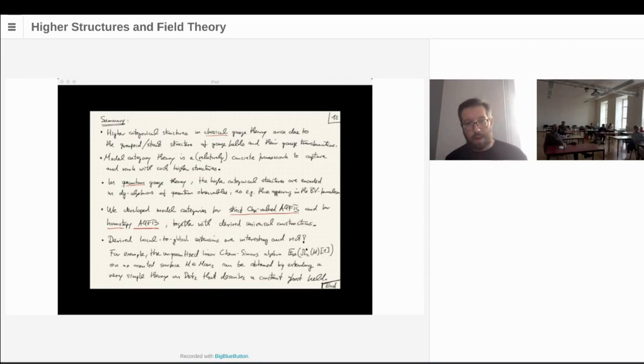If I may, a very quick question, just on a technical level. If I remember correctly, there's more than one equivalence class of model structures on chain complexes. So which one is the one that is relevant here, and why? I work on unbounded chain complexes. Unbounded chain complexes have a projective and an injective model structure.